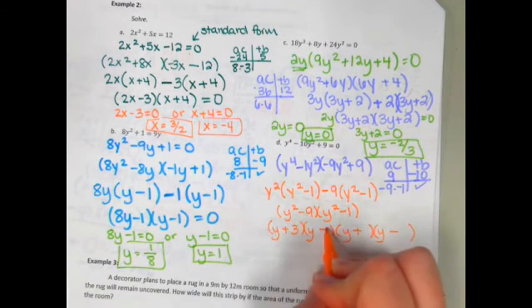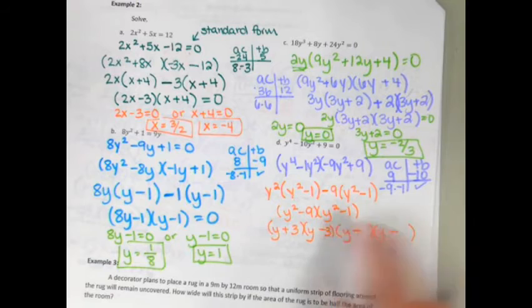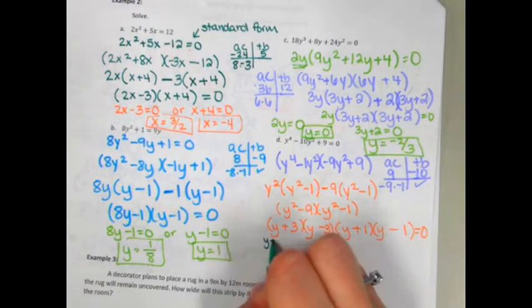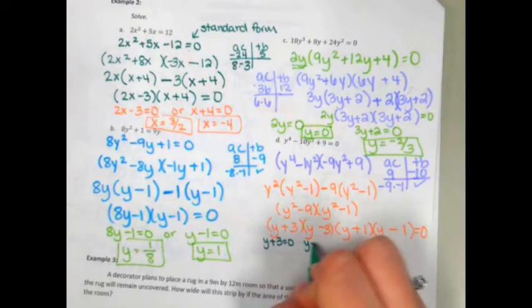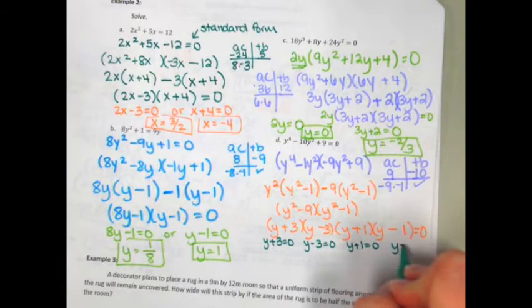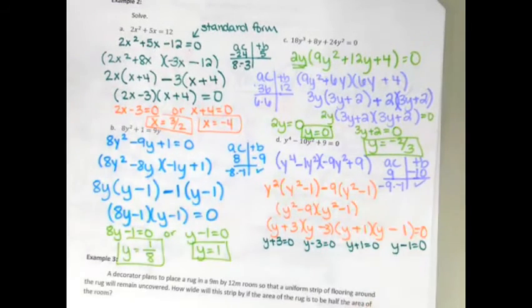So we have plus 3 minus 3. And what's the square root of 1? 1 and negative 1. And then this equals 0. So this is my factored form. And now we need to set all 4 parts equal to 0. So y plus 3 equals 0, y minus 3 equals 0, y plus 1 equals 0, and y minus 1 equals 0. Whew. So what are my answers?